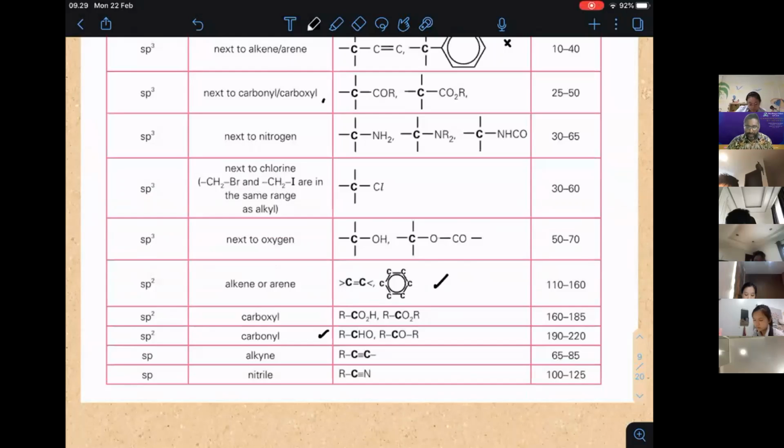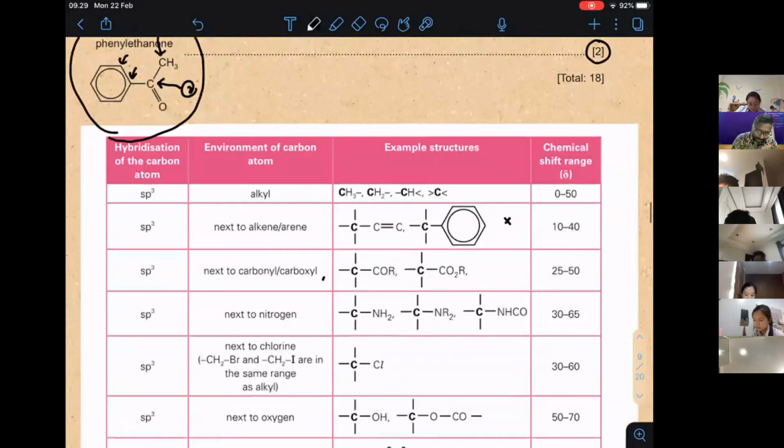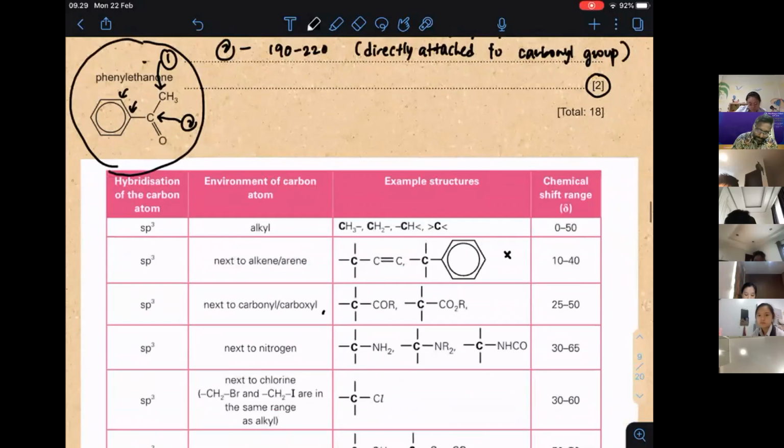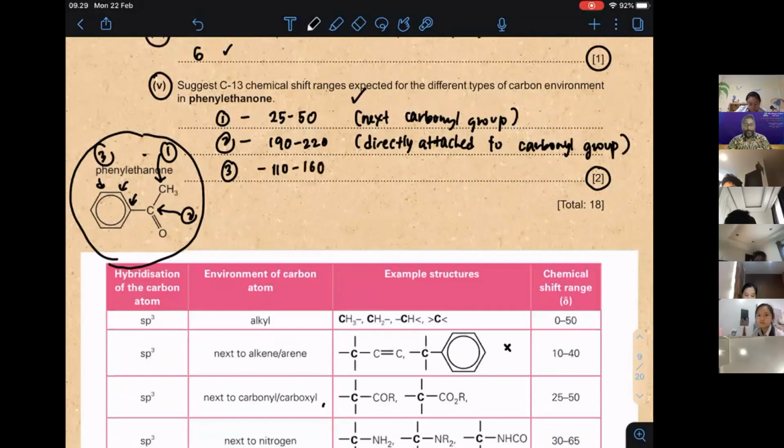So 110 to 160. If I put any of these here, they will have that range. That is going to be 3. So this one is going to be 110 to 160. So this one you can say carbon in arenes.